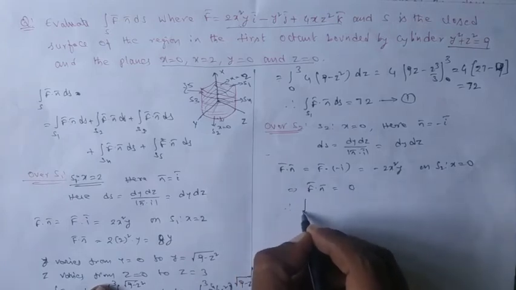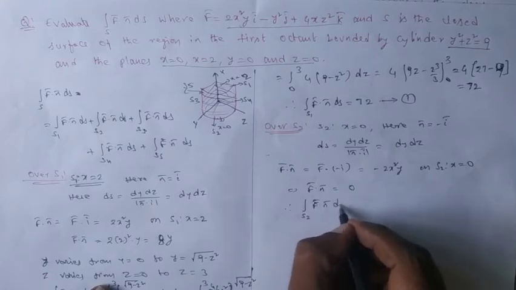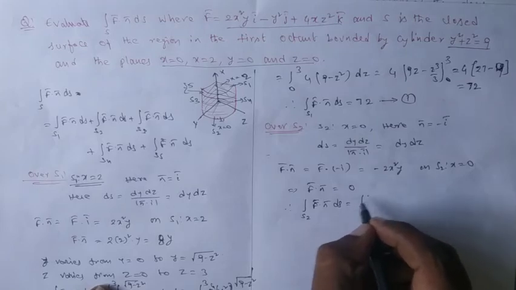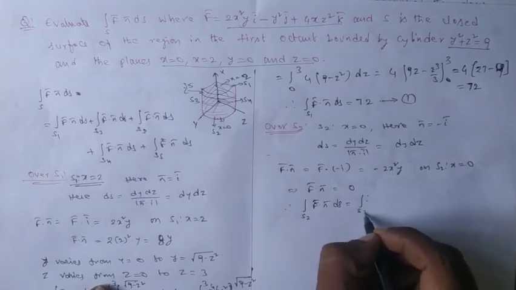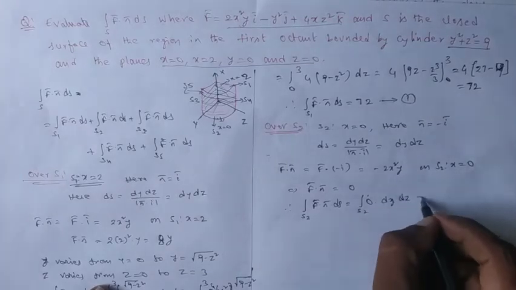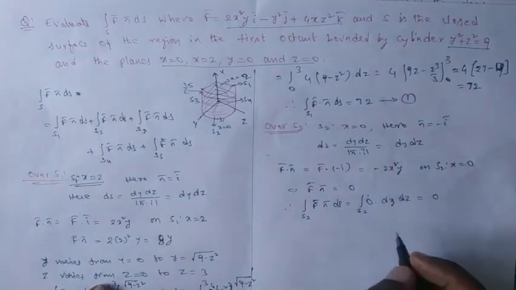Therefore integral over S2 f bar dot n bar ds equal to 0 into dy dz equal to 0. Whatever it is, we have 0.